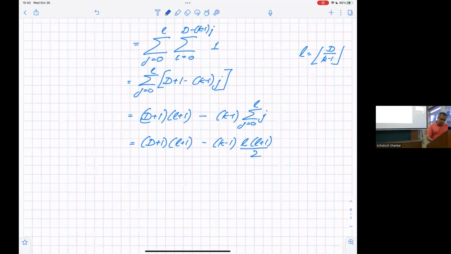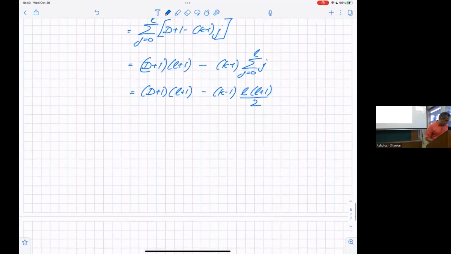Some common factor out. So let's take (l plus 1) by 2 times (2d plus 2 minus (k minus 1) times l).